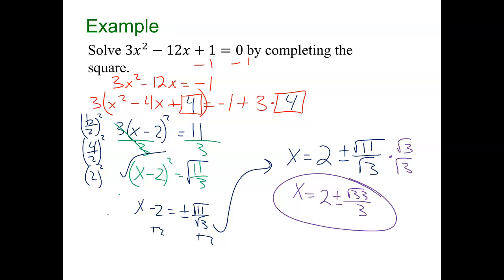No. What did you miss? Compared to last, I did the negative 12 instead of... You gotta do that b over 2 squared. Once you factor it out, it's not negative 12 anymore. It's whatever the new value is. Alright, try the next one.